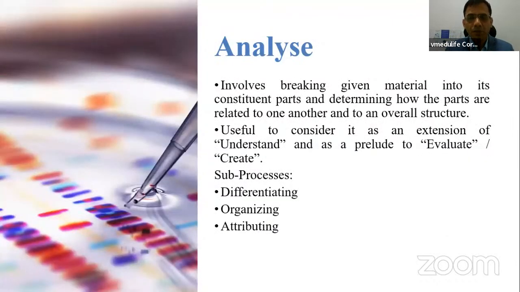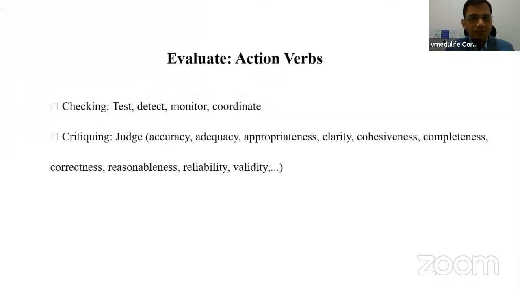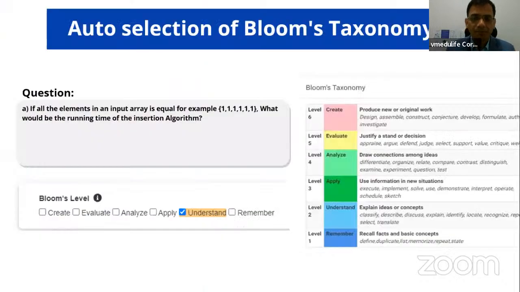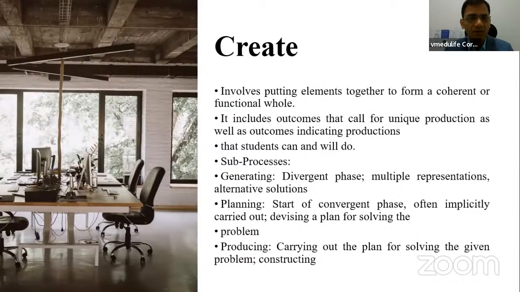Analysis is breaking given material into its constituent parts and determining how the parts are related to one another, like differentiating, organizing, attributing, and so on. Evaluation, and finally creativity. These are the six subdomains or sub-processes involved in the cognitive Bloom's taxonomy.